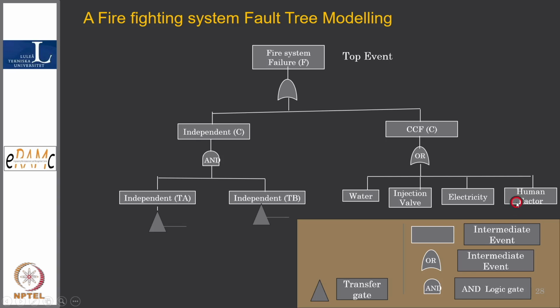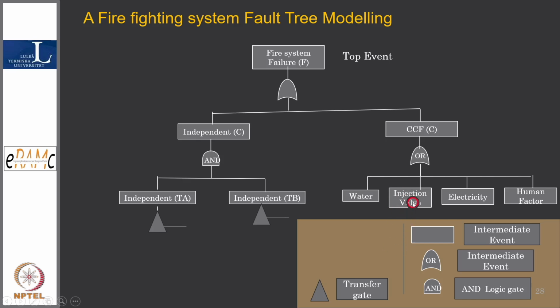A team worked on the electrical breaker, and while testing, you have to isolate the breaker. They did not remove the isolation. So human factor. Electricity, even if it is available, okay, and if it fails, then also it can lead to injection valve failure. The final valve failure can also lead to failure due to some component failure or due to human error, because it is a single valve that should work.